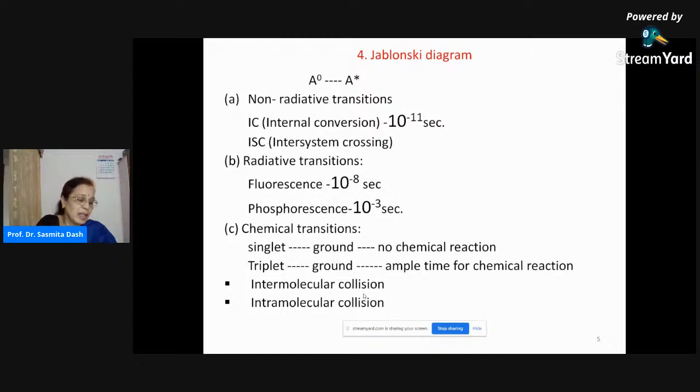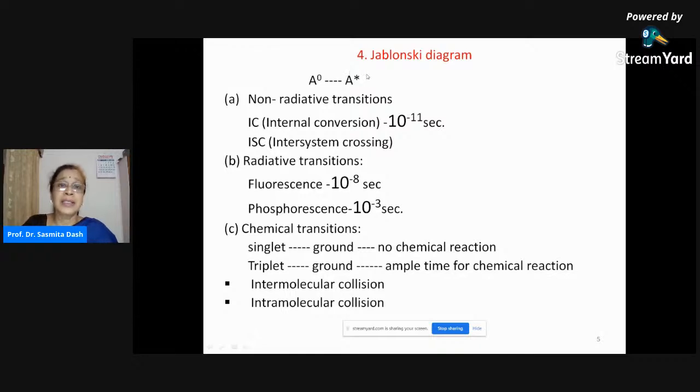Now we come to the fundamentals of the Jablonski diagram. On absorption of a light photon, the electron of the absorbing molecule, say A0 is my absorbing molecule, takes up h nu amount of energy and goes to the excited state A star. Here it is said to be in an activated state of high energy.